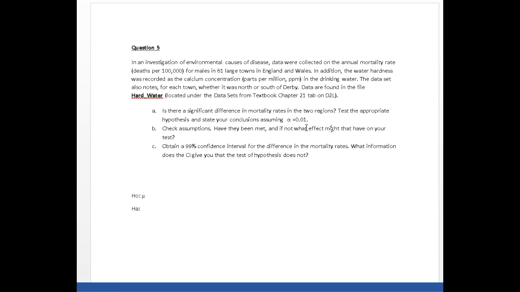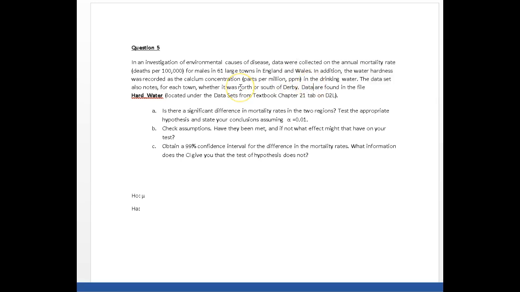If I'm going to compare averages, then again I have a choice between a two-sample t-test or a paired t-test, because I'm comparing population means. So the question I have to ask myself is, of these 61 large towns in England and Wales, they were either north or south of Derby.